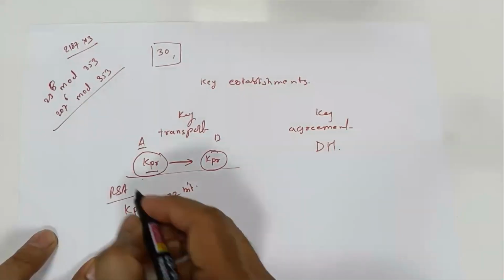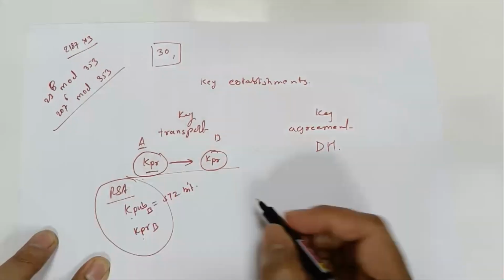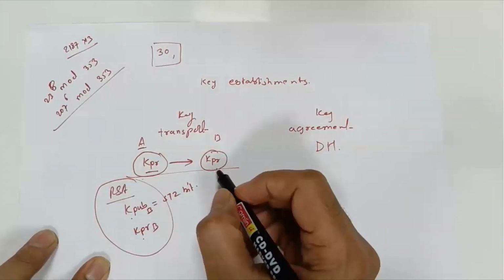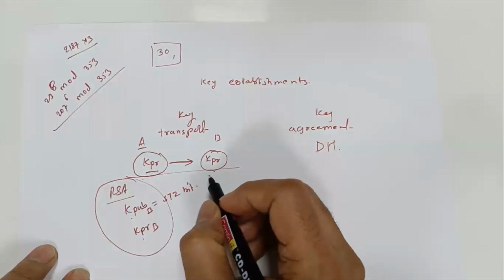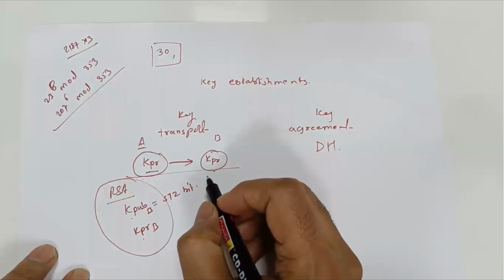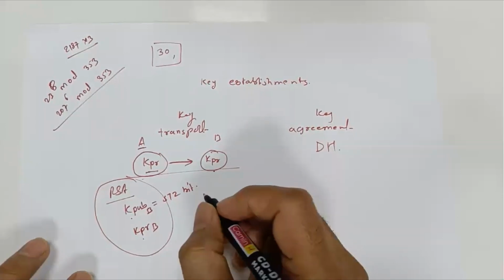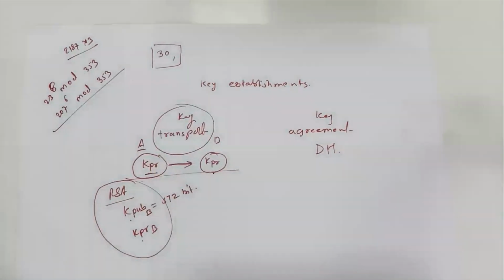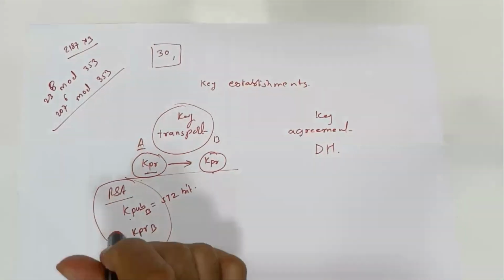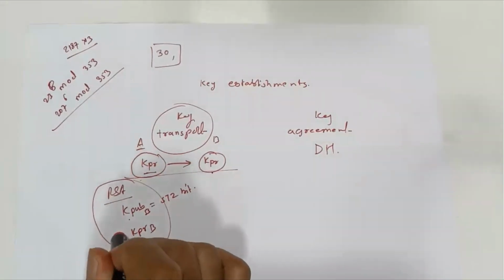So using RSA, you have to encrypt the KPR and send it across, so that the key transport will be secure, because RSA again is a very secure method.